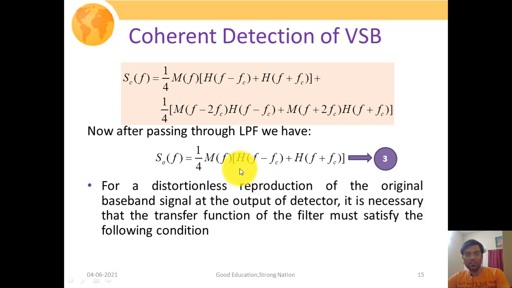The condition we have talked about in the past also: if this combination H(f minus fc) plus H(f plus fc) turns out to be unity or any constant term, then by simply taking the inverse Fourier transform, we are in a state to get the message signal back from this S_o(f). So the condition is that H(f minus fc) plus H(f plus fc) should be equal to unity.